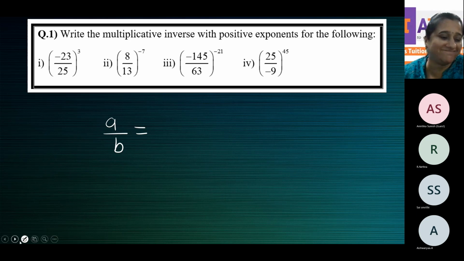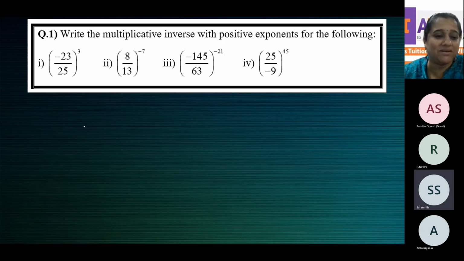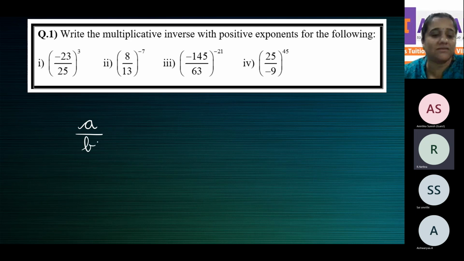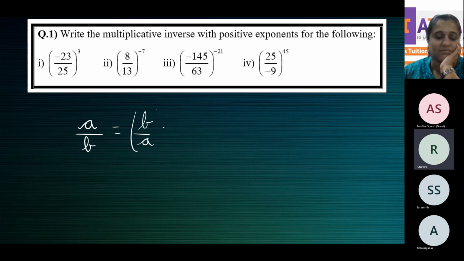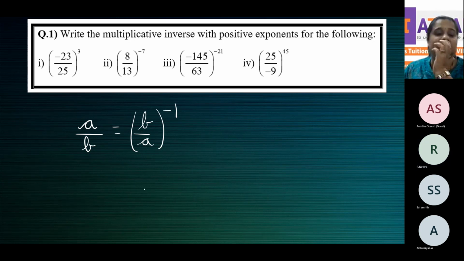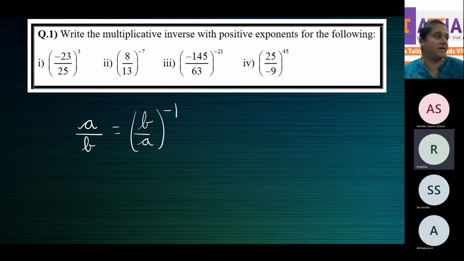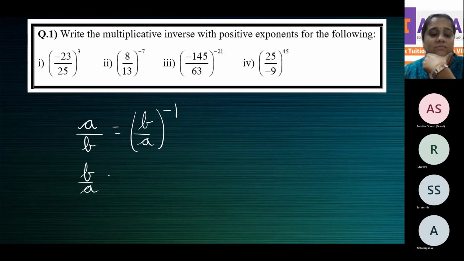No, it's A by B. Ma'am, reciprocal is B by A to the power of minus 1. Very good. B by A to the power minus 1. Correct. Because the reciprocal of A by B is B by A, and the power of 1 is minus 1.